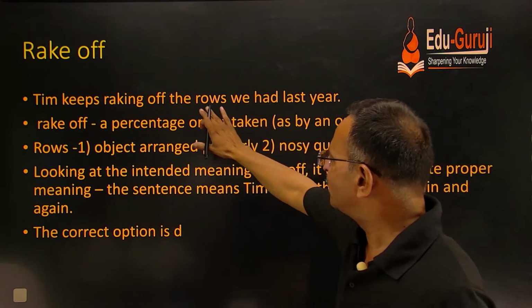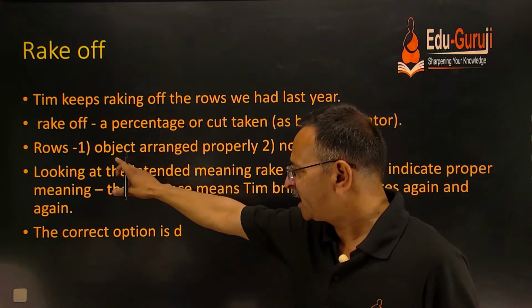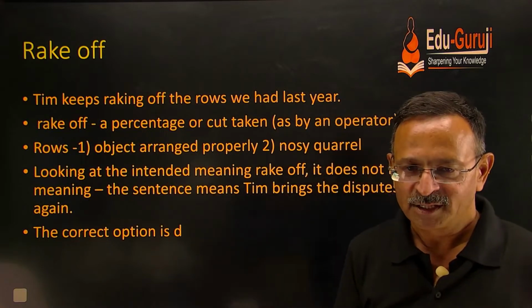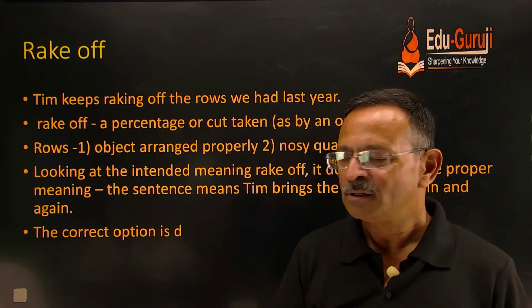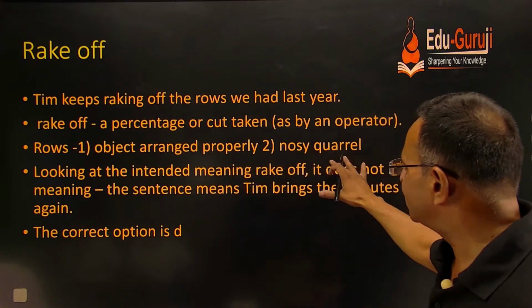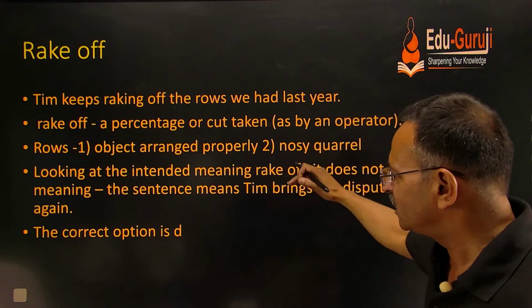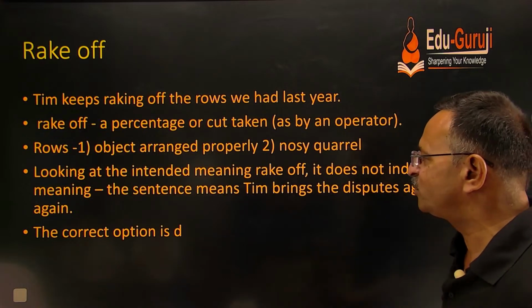But what exactly does this sentence mean? If you look at the word rows, it can have two meanings. One, as a noun, is objects arranged properly in a line. The second is a noisy quarrel. Looking at the intended meaning, the first does not fit.